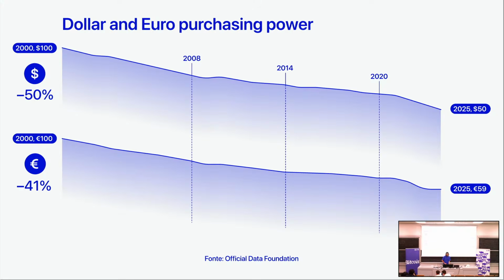If you take the dollar, it's about 50%. It means you can buy half of the stuff you could buy 25 years ago with the same $100.